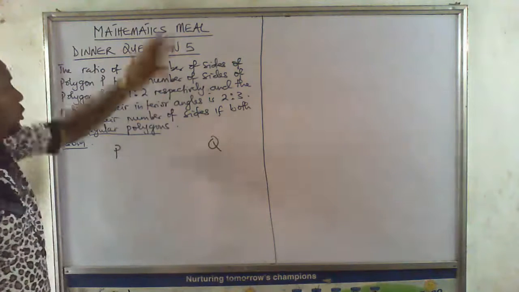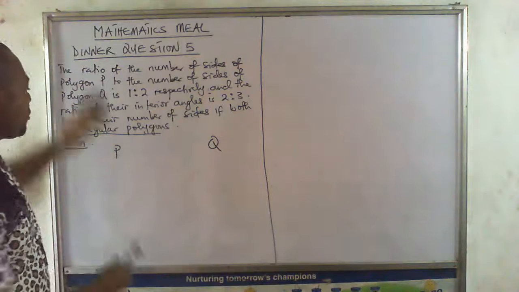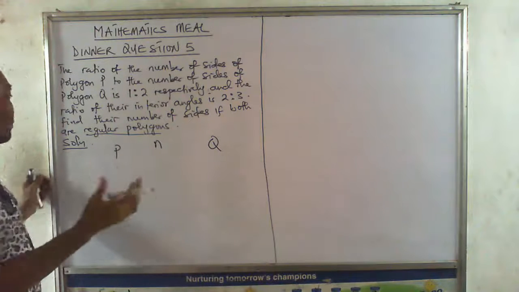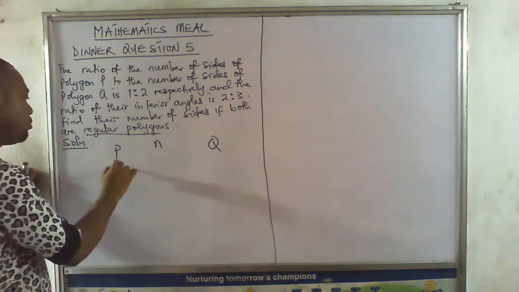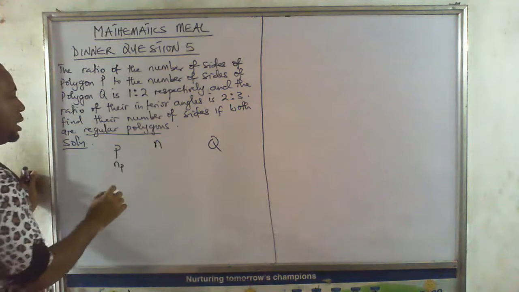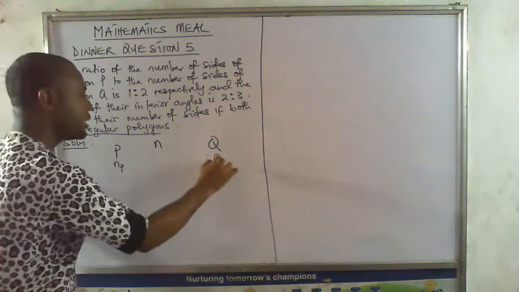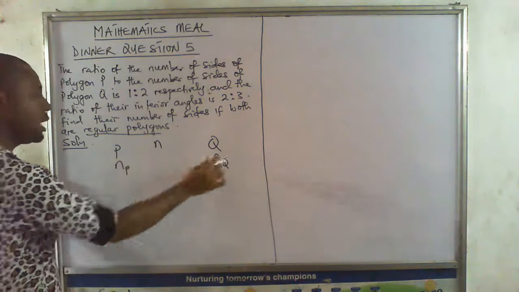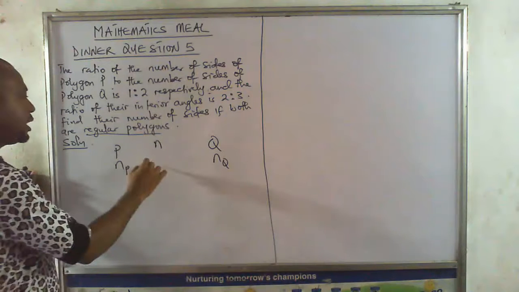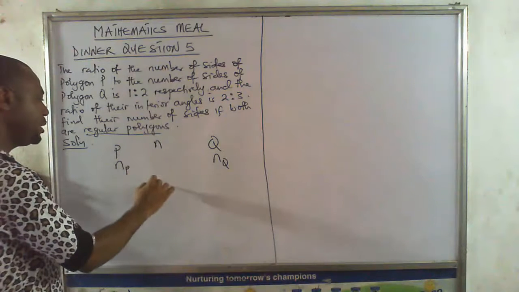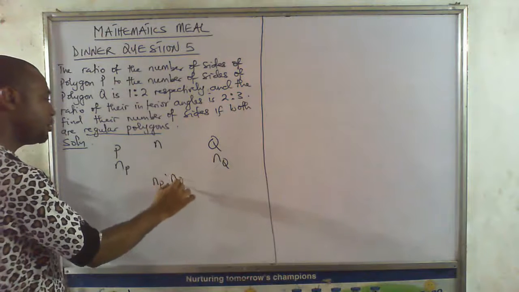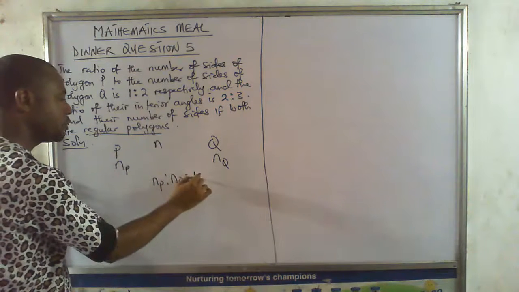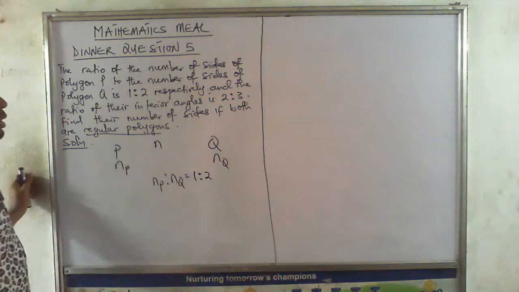So to denote the number of sides of P, I can say NP, and for Q, NQ. So the implication here is that NP is to NQ is 1:2.